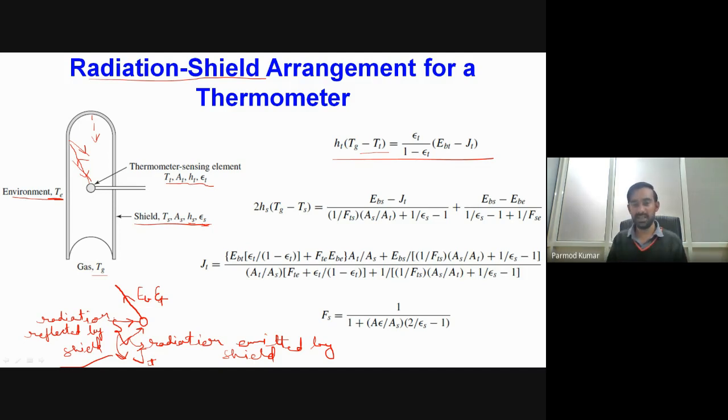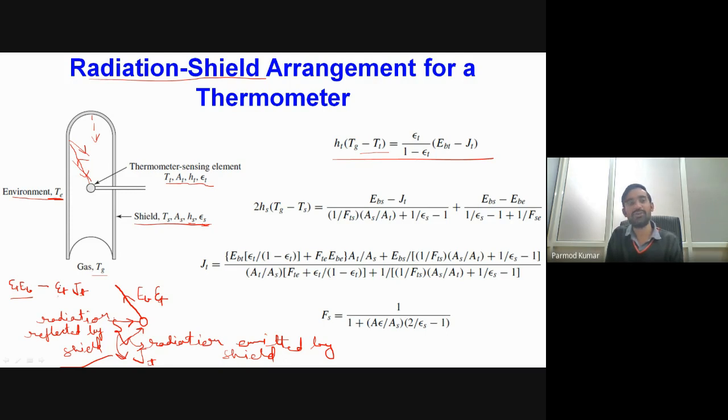So what is basically happening? Epsilon t times Eb is the emittance capacity of the thermocouple surface, and at the same time we have epsilon t times JT as the net absorption capacity of the thermocouple surface. Obviously, here I could have used alpha, but we know that at thermal equilibrium, from Kirchhoff's law, I can replace alpha with epsilon.